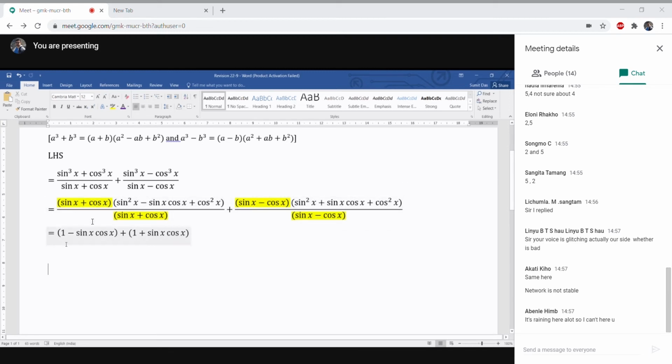Now next line I'm writing 1 minus sin x cos x plus 1 plus sin x cos x. Why am I writing this? Please let me know. Anyone?